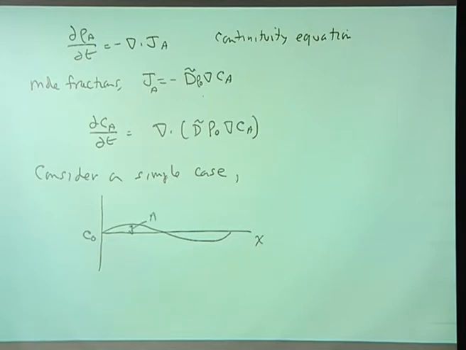And that's the height, the amplitude of the perturbations. So we're going to say that C is C0 plus A cosine Kx. And I'm just going to sketch this here.